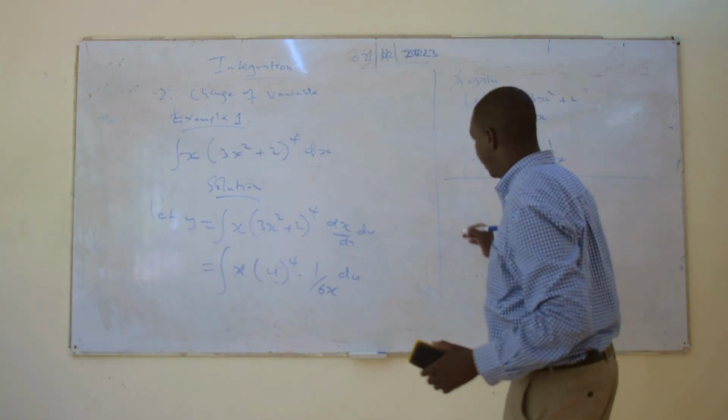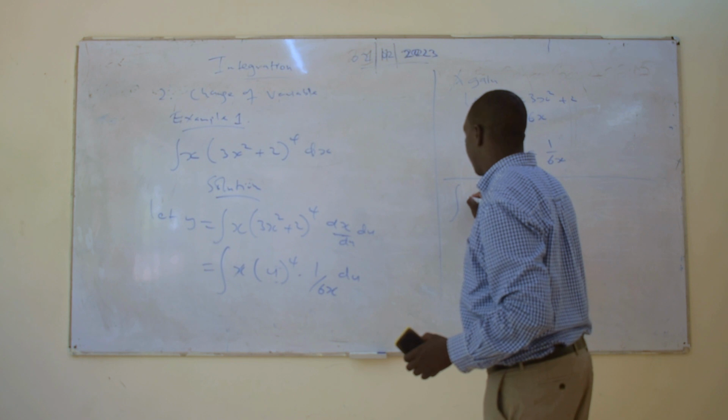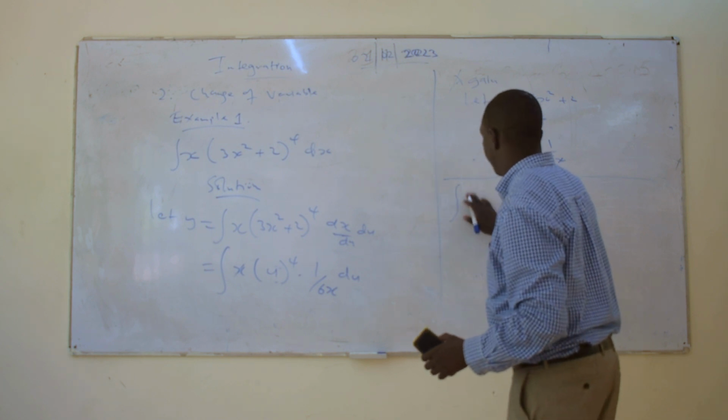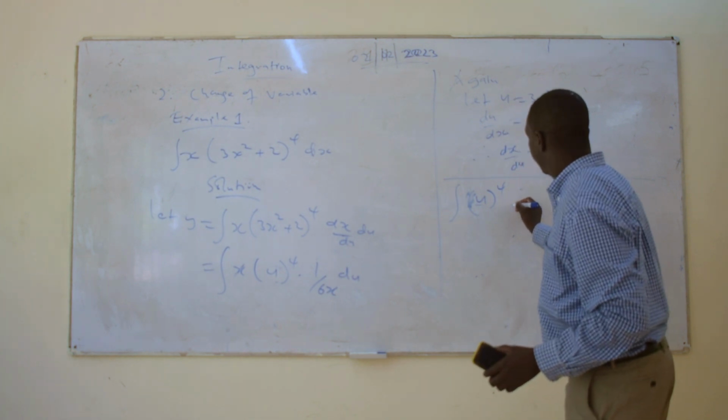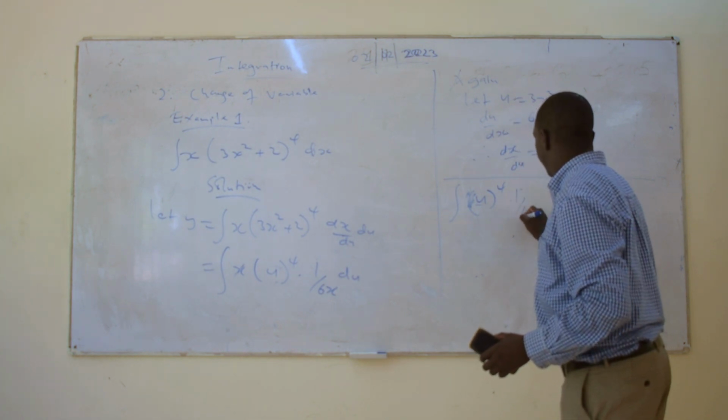And therefore we have integral of u raised to power 4 times 1 over 6 du.